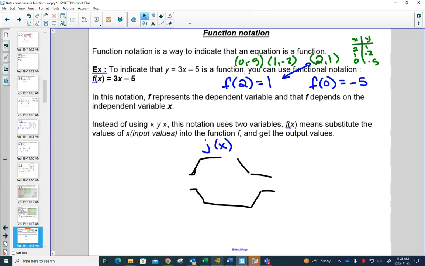2? Zero? One? Times 3 plus 1? No, that's not it.